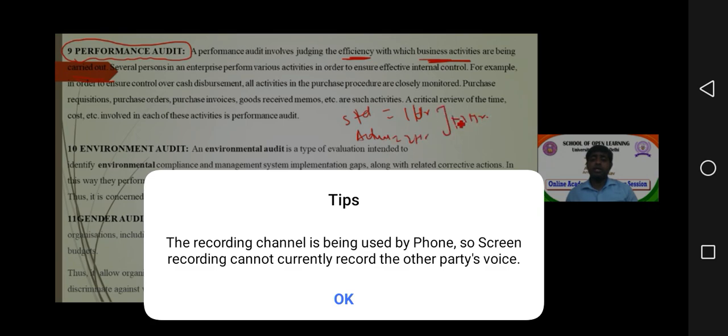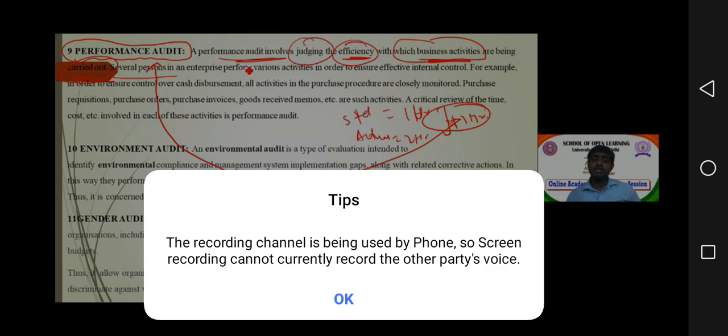This extra 1 hour can be checked with the help of performance audit, to see whether the extra time you have taken is justified or you are just wasting time. All right. So a performance audit involves judging the efficiency with which business activities are being carried out.